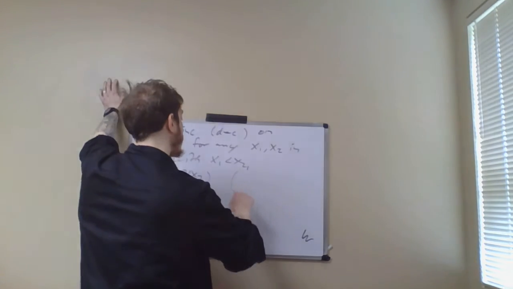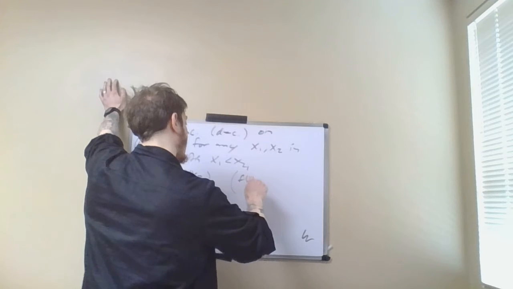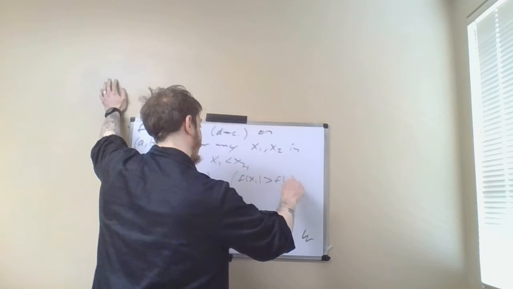And in the case of the decreasing, we have f of x1 bigger than f of x2.